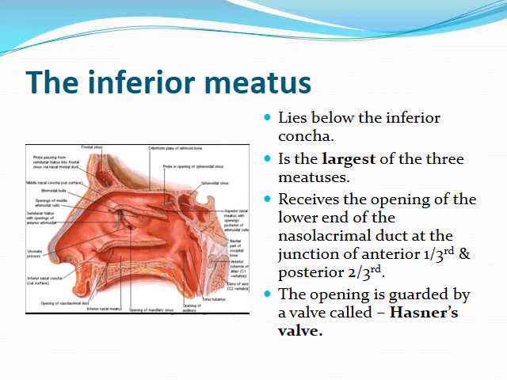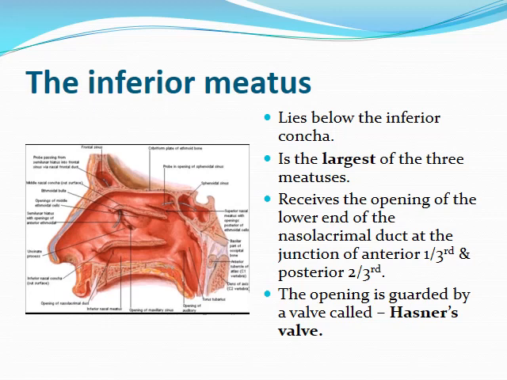Now coming to the inferior meatus. The inferior meatus lies below the inferior concha, and it is the largest of the three meatuses. Shortest was the superior meatus. So the inferior is the largest, and it receives the opening of the lower end of the nasolacrimal duct at the junction of the anterior one third and posterior two thirds.